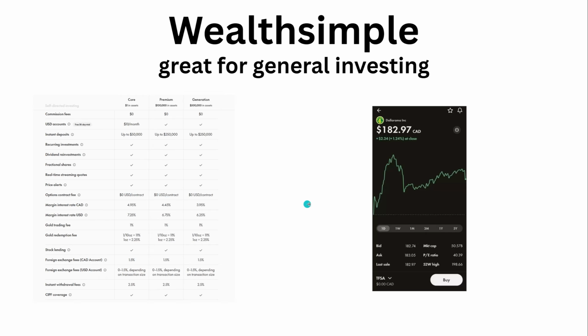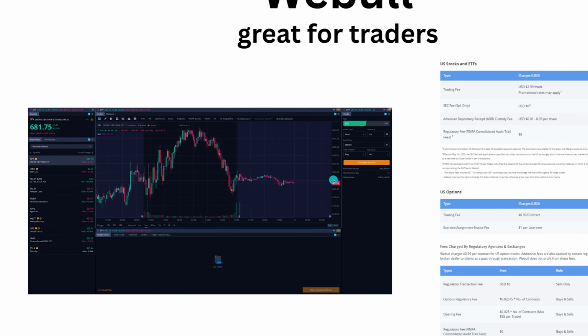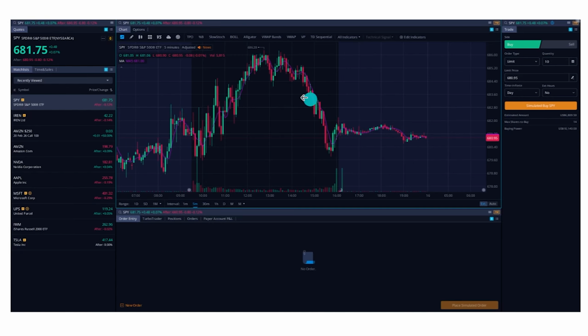The next one is Webull. Webull is really good if you're a big trader. Its brokerage is a bit harder to understand. This was taken from their desktop app, and it has a lot going on here. It has a TradingView-style chart in the middle, where it also has your order entries at the bottom and where you can place your trades over here.